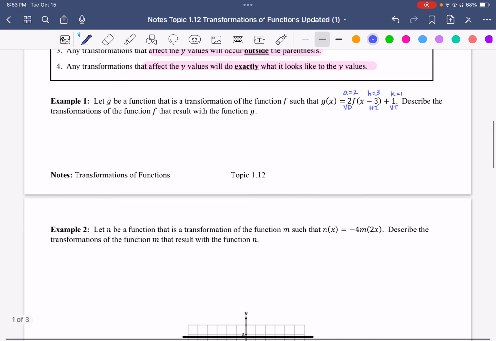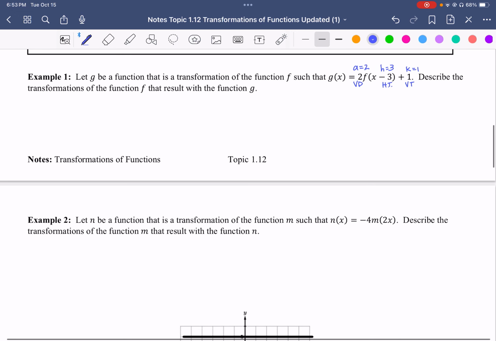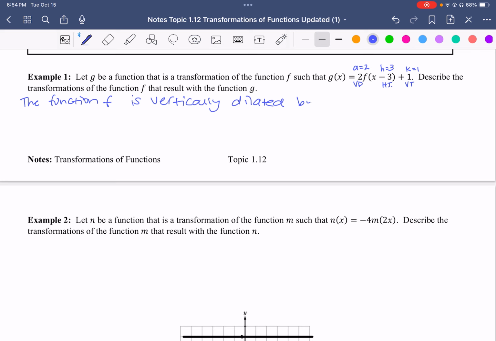Okay, now this is a free response question, so we're going to write a sentence. The function f is vertically dilated by a factor of 2.